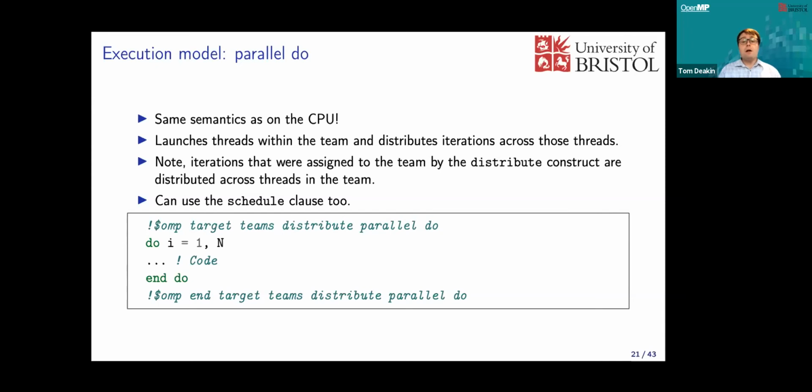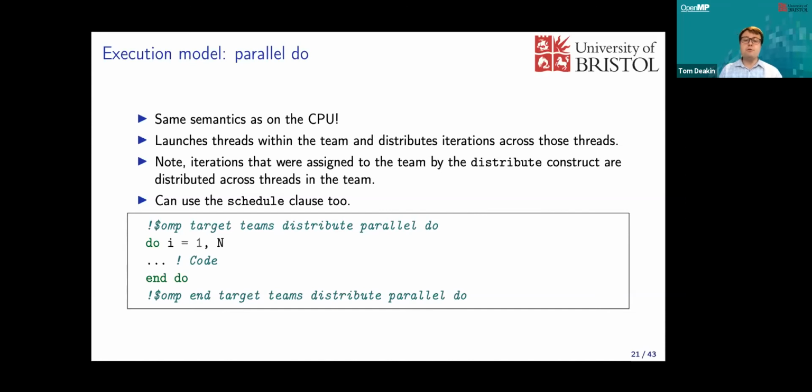So in our construct, the target teams distribute parallel do, we have already distributed the loop between the teams. Now the parallel is going to refer to each team. Each team is going to launch a number of threads, and the do is going to share those iterations that have been distributed to each team across the threads that are now available in that team from the parallel.